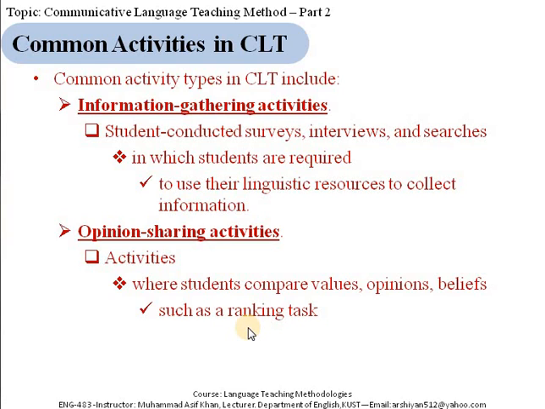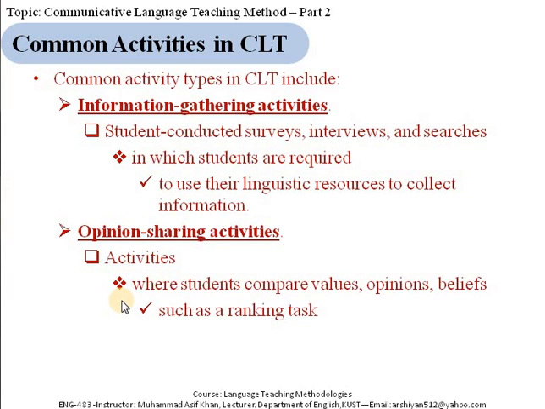There they share their own beliefs and opinions. So in this opinion sharing activity, they practice their communication, not only spoken communication but also written communication.